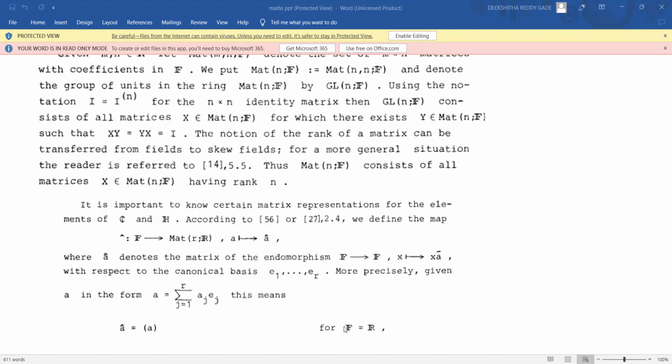Multiplying X star on both sides of Ax equals lambda X, we have X star Ax equals X star lambda X. Clearly, a1 square plus b1 square plus so on an square plus bn square is real. Thus, the eigenvalues of A are real.